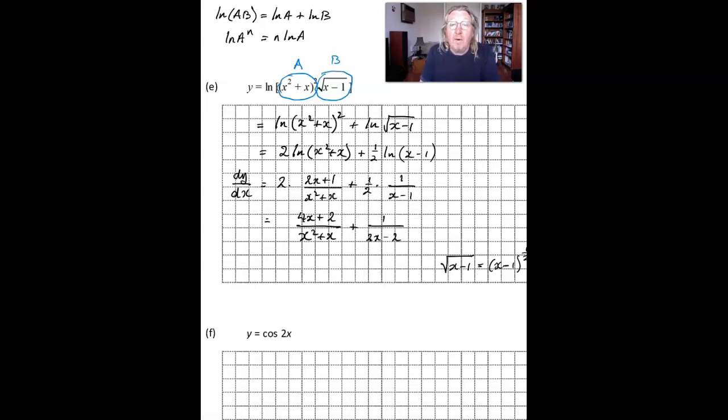Okay, so important to use your log laws to simplify those complicated functions like that first.